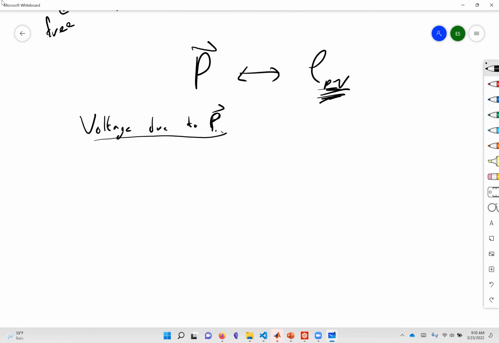Okay, we arrived at this interesting result. We said that the charge distribution that appears in the medium, in this case free space, or any medium really, due to polarization, is the polarization dot r hat over r. This is the bound charge density.